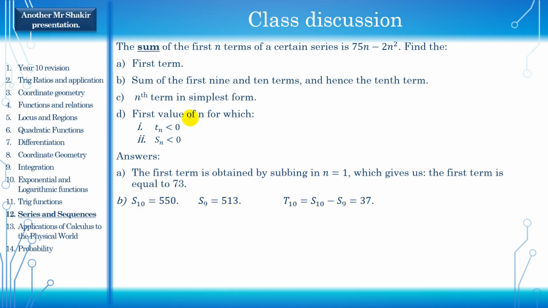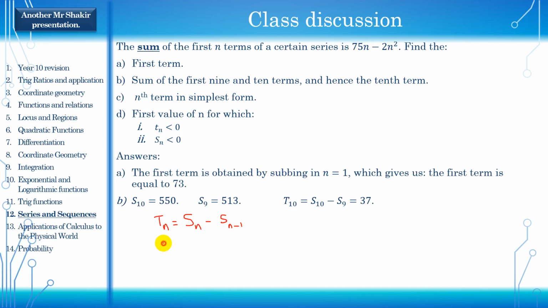The next question is find the nth term in simplest form. Exactly what we just did in part B, now we're going to do it in part C, but we're going to treat it as a generic one. So we're going to write down, remember that T of n is equal to S of n minus S of n minus 1. Now let's sub in that formula.